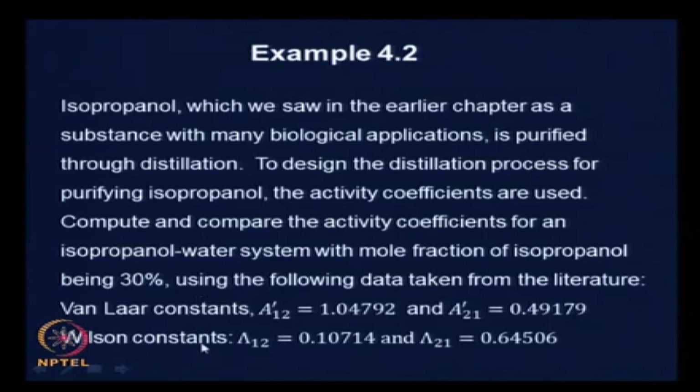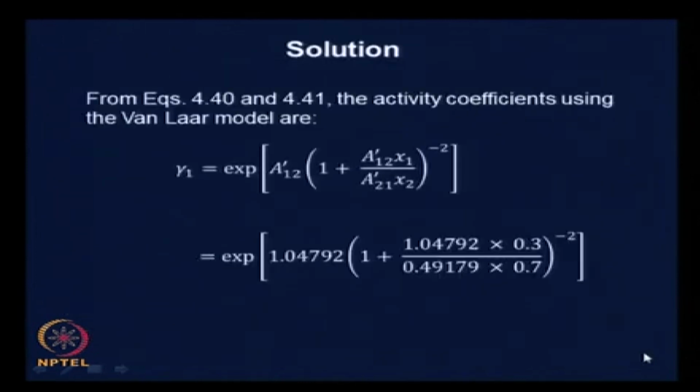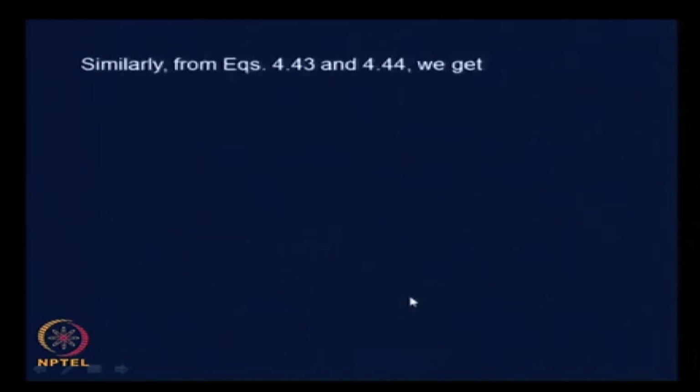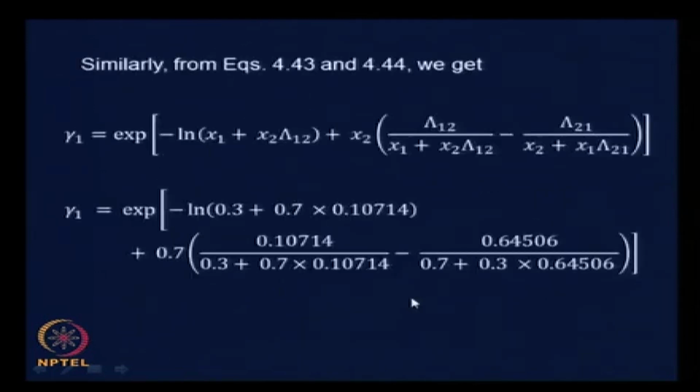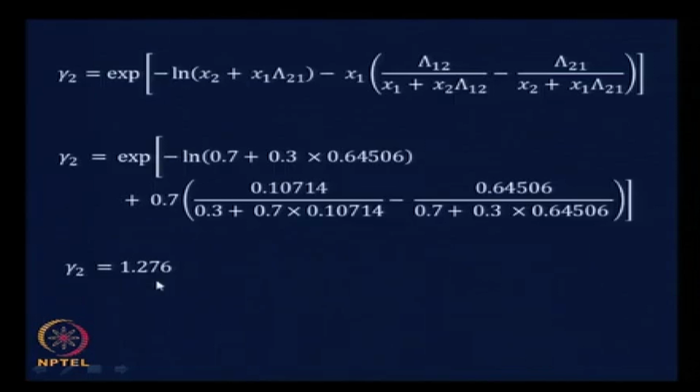The Van Laar constants and the Wilson constants for a particular condition were taken from the literature, and we went through the calculations. You went through it first and then I showed it to you. We found that in the Van Laar model gamma 1 was 1.331 and gamma 2 was 1.119, whereas using the Wilson model we got a gamma 1 of 1.965 and gamma 2 of 1.276.